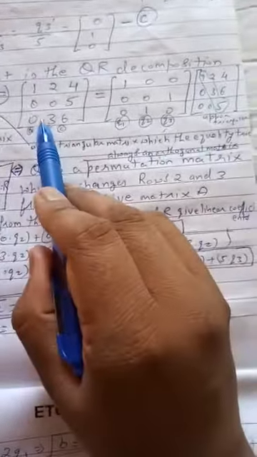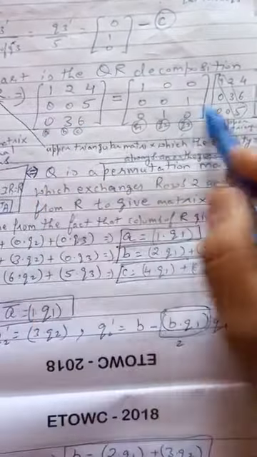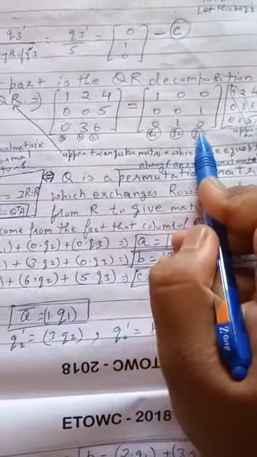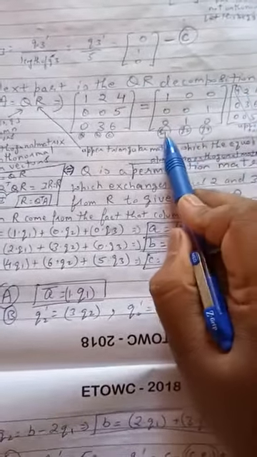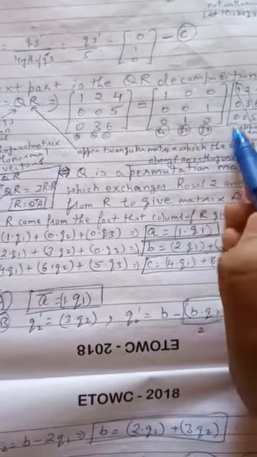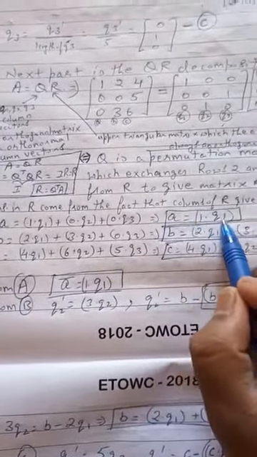So if you look at this matrix, the value of A here will be nothing but this column multiplied by Q1, Q2 and Q3. So therefore you will have 1 into Q1, 0 into Q2 and 0 into Q3. Therefore A is just nothing but 1 into Q1.